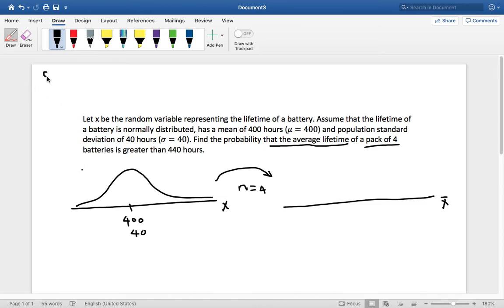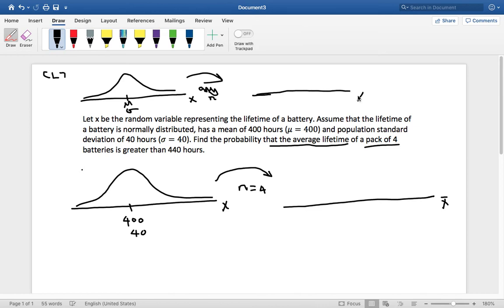Well, according to the central limit theorem that we looked at earlier, if you have a normal distribution, so you look at individual batteries, say, and you know the mean, and you know the standard deviation, then you can take samples of any size n, and you can set up a distribution of x bar.